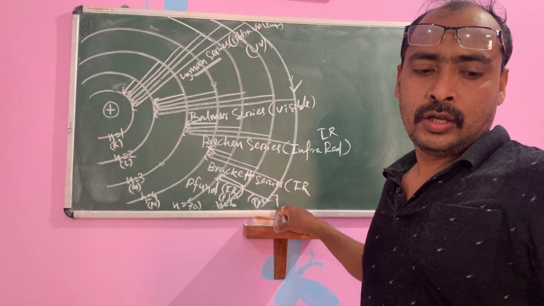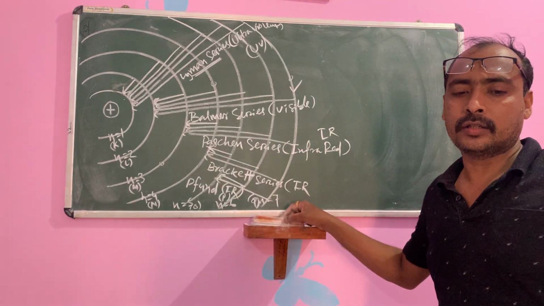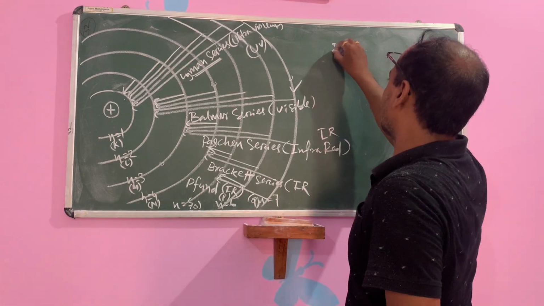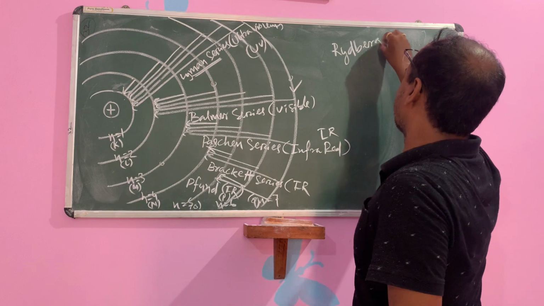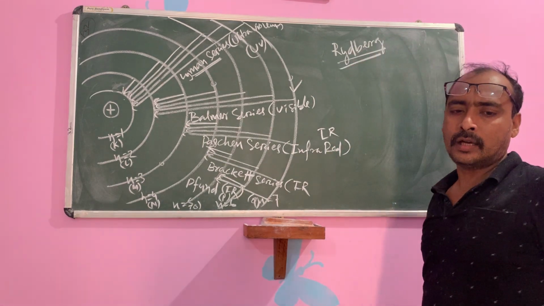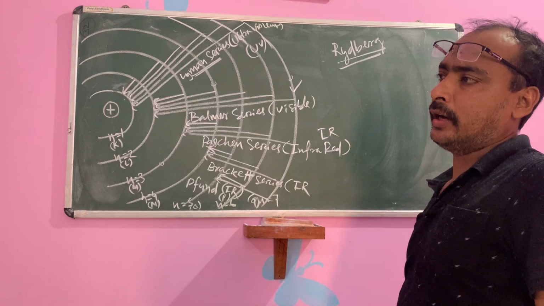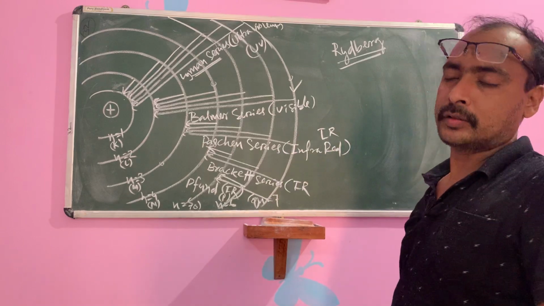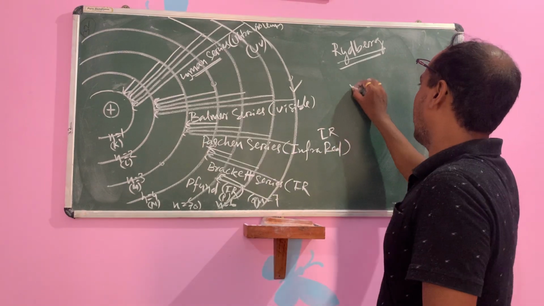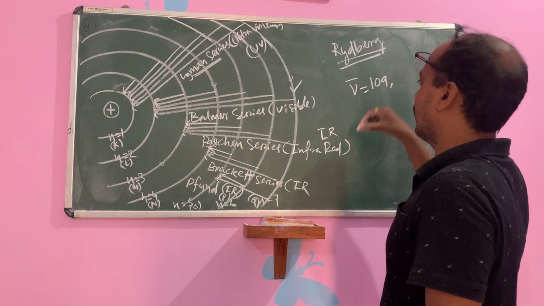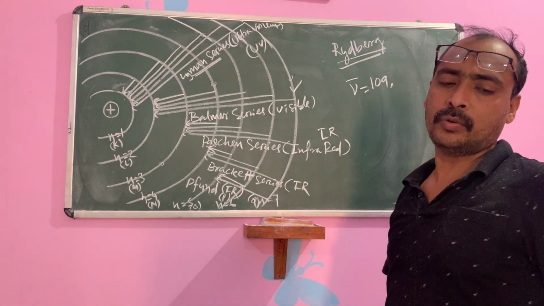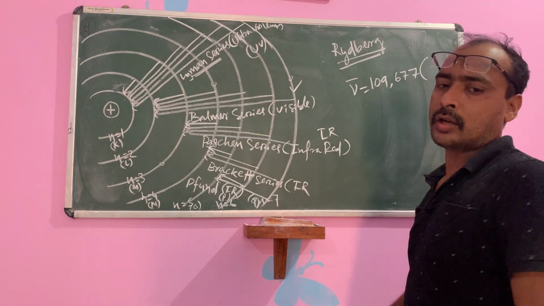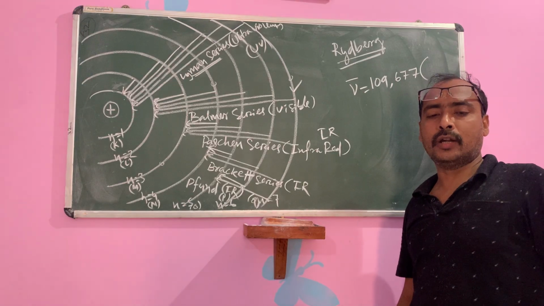Next, there is one relation given by Rydberg for calculating the wave number. If n1 is the lower energy level and n2 is the higher energy level, then nu bar is equal to 109,677, the value of the Rydberg constant, which you have to remember, times (1 by n1 square minus 1 by n2 square).